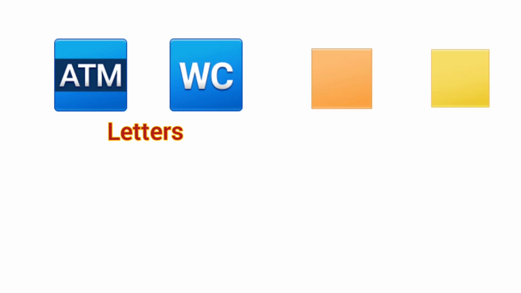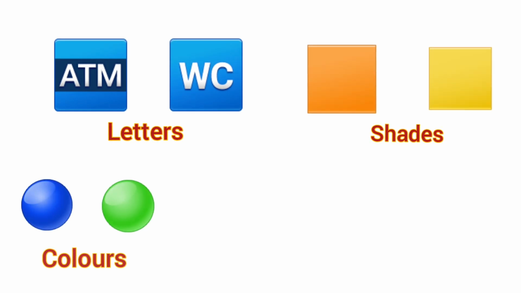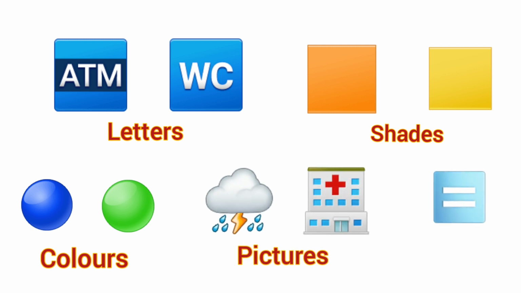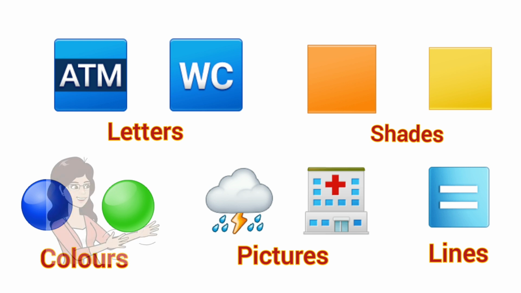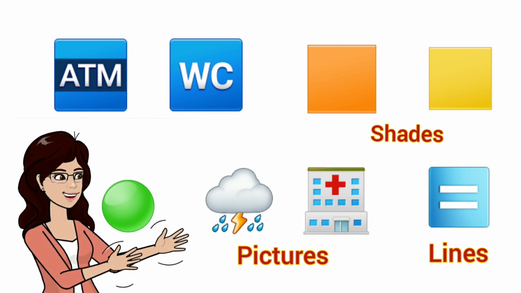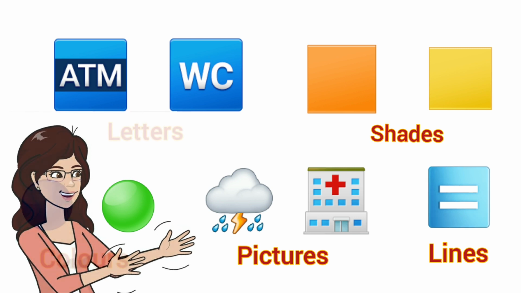So they are shown by using certain letters, shades, colors, pictures, and lines. These signs and symbols give us a lot of information in a limited space. With the use of these symbols, maps can be drawn easily and are simple to read.